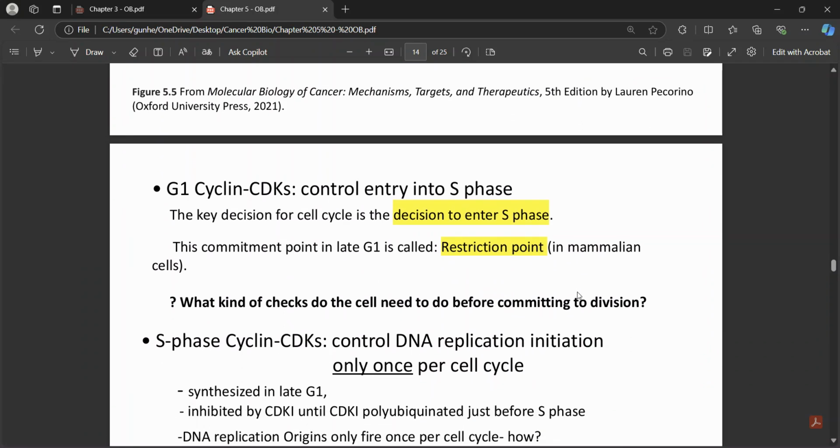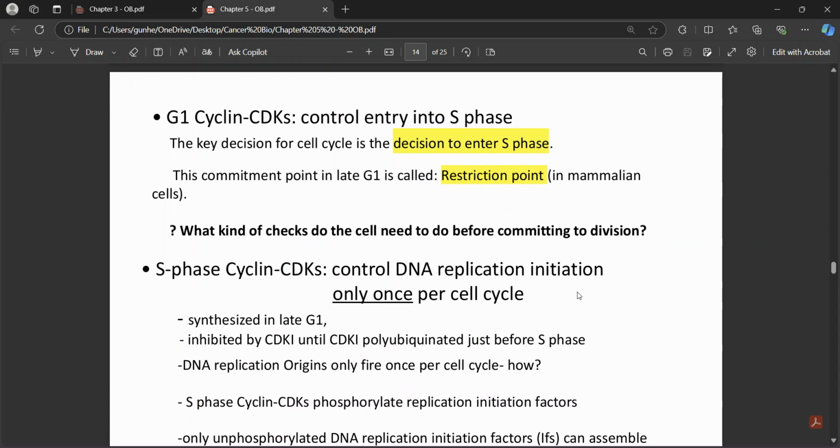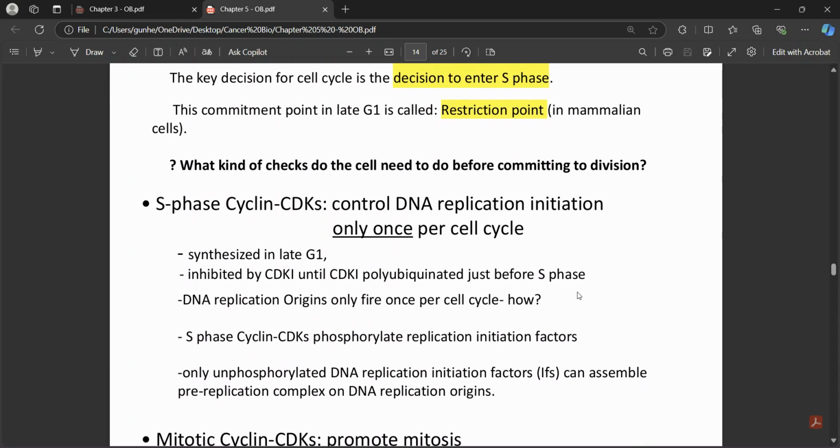So G1 cyclin CDKs control the entry into S phase. The commitment point in G1 we call the restriction point, and it involves inhibiting E2F.